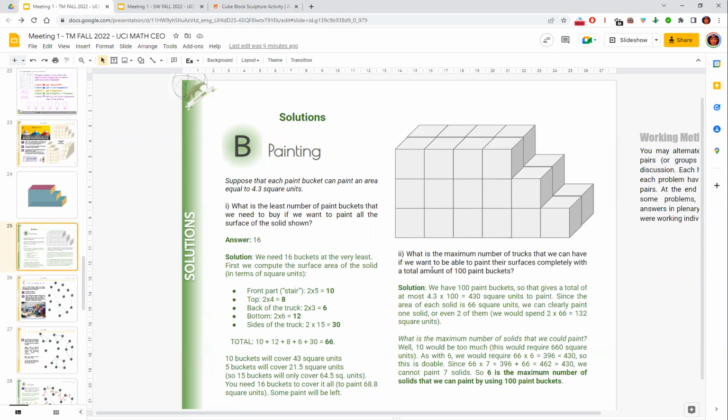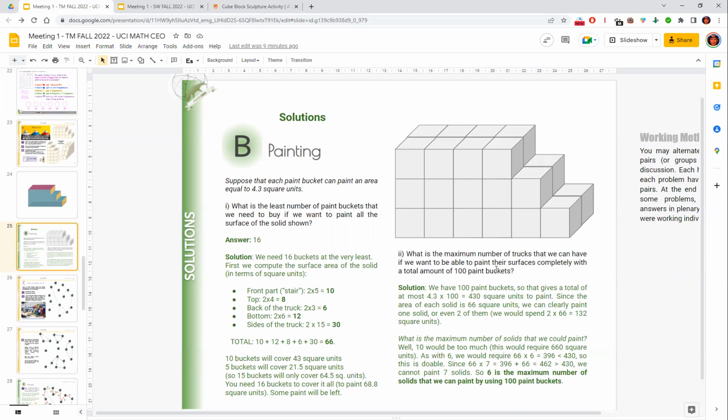And then the second part is, what is the maximum number of trucks that we could have if we want to be able to paint their surfaces completely with a total amount of 100 paint buckets? So it's kind of a reverse situation. Remember, we're trying to minimize, right? So here, maximize, sorry, we're trying to find the maximum. So here's the thing, we have 100 paint buckets, or 100 cans.